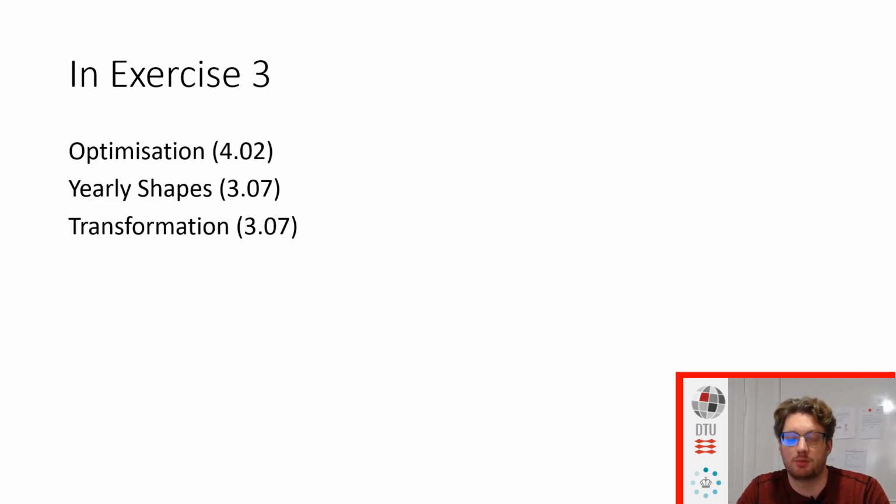In exercise 3, we're going to work with optimization, which is in video 4.02, and we're going to work with the yearly shapes and importing them, which is in 3.07 about transformation, and of course transformation itself is something we're going to work with, which is 3.07.